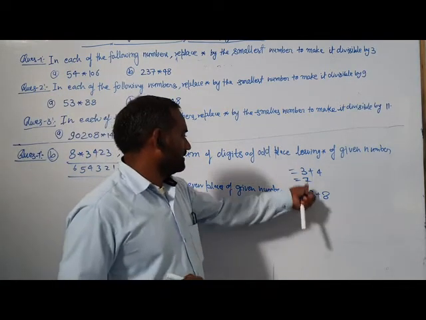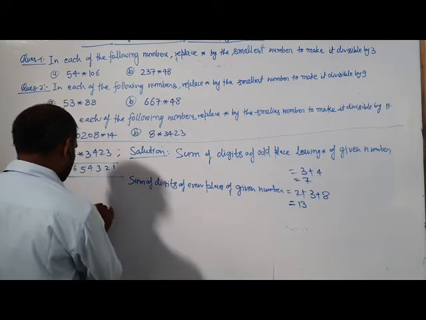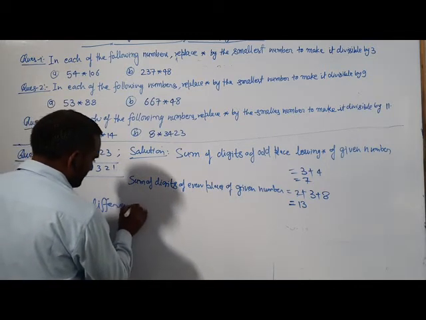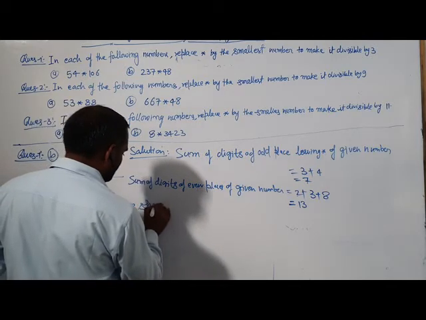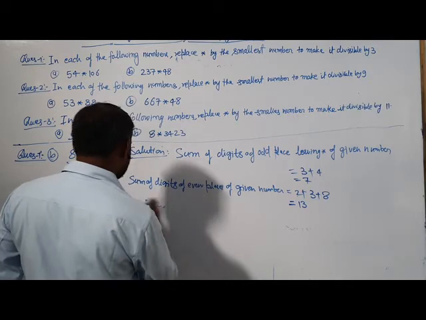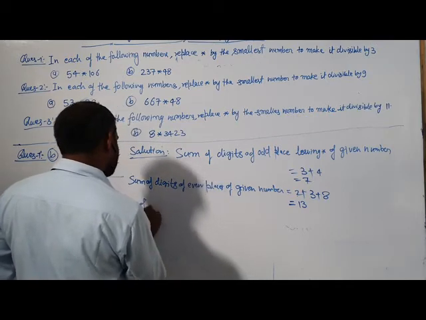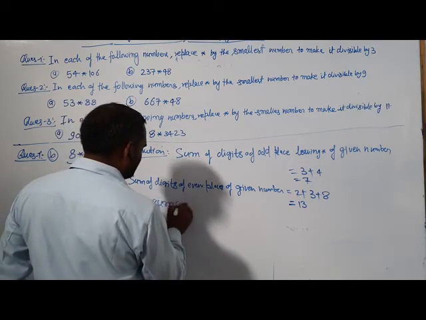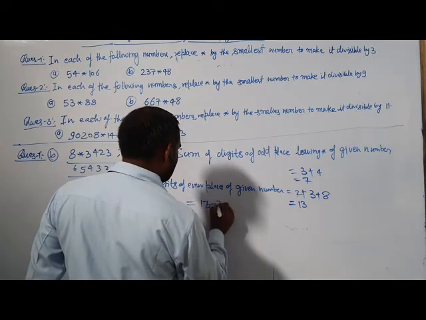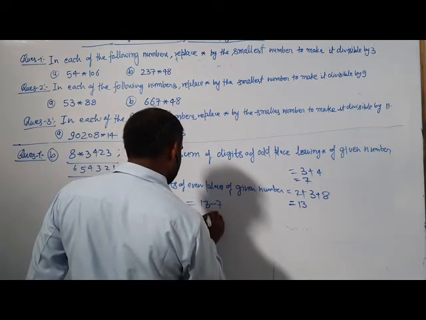Here the difference of sums is equal to 13 minus 7, which is 6.